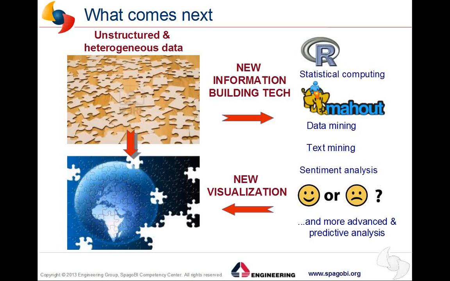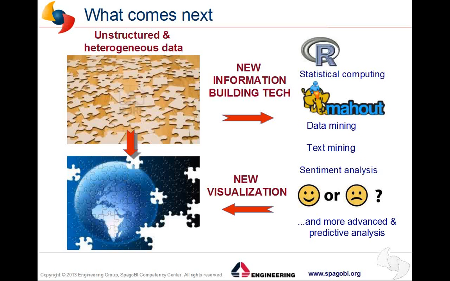It's not just about creating an analysis, maybe a wonderful analysis of data, but then you don't know how to represent it. So this is another challenge for BI tools, because for sure we need new visualization tools.